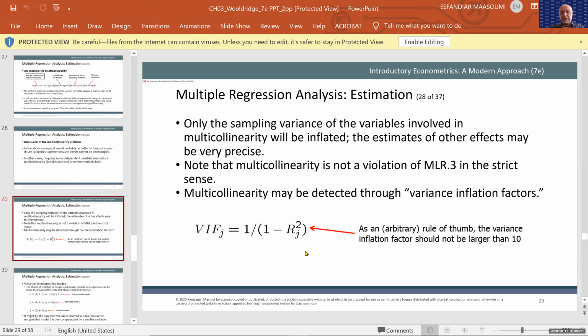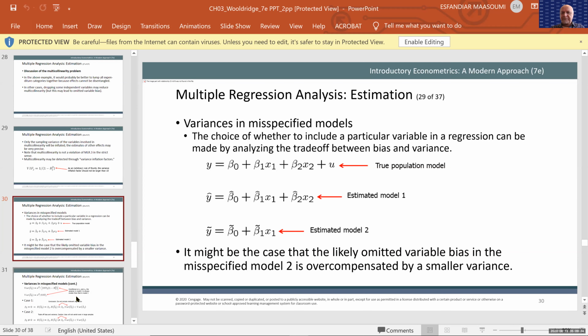Excuse me, if this is larger than 10, Wooldridge will tell you, some empiricists will tell you, then you need to drop xj, and do so successively. So that's difficult. This 10 itself requires artistic license.